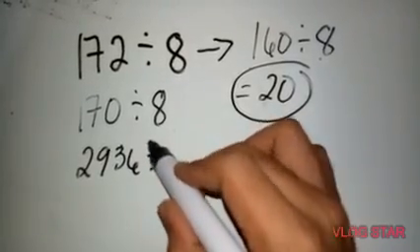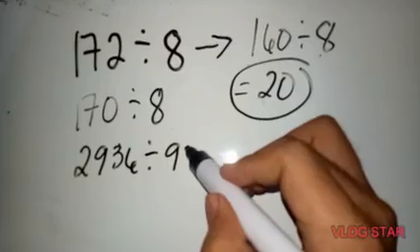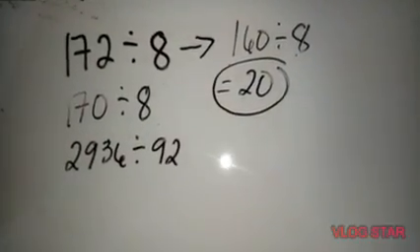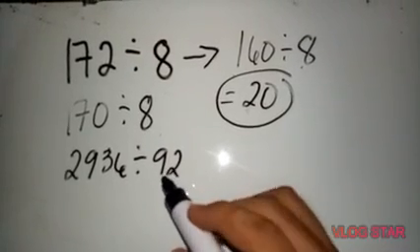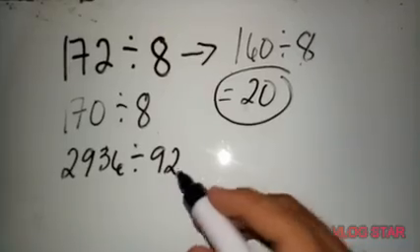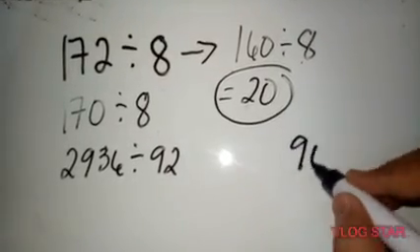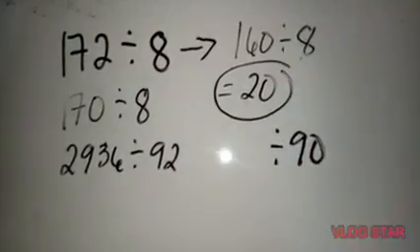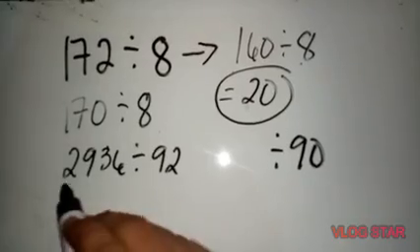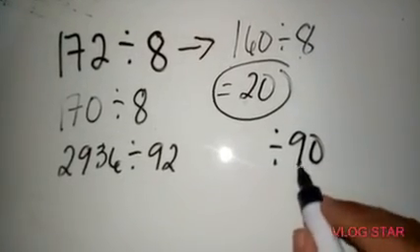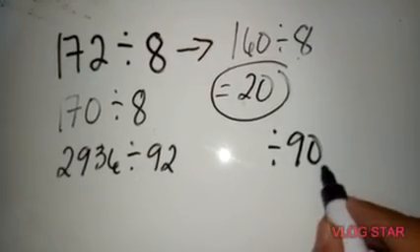2,936 divided by 92. So what we need to round here is 92, making it 90. After that, we need to round the dividend to a number that is easier to divide by 90.